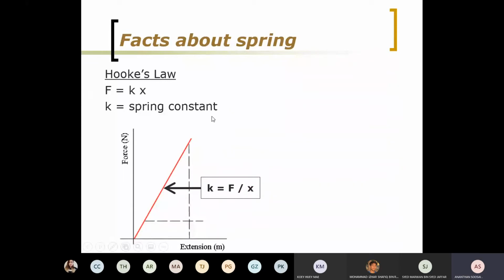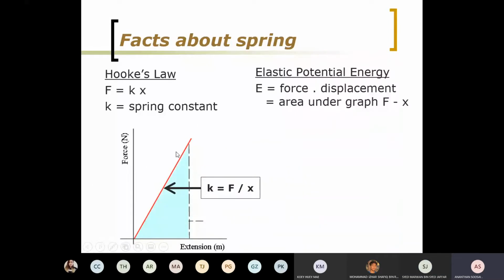F equals kx, where k is the spring constant. If you plot a force versus extension graph, the gradient is your spring constant. The area under the graph is the elastic potential energy, half Fx, or half kx squared. I think you already learned these two before.